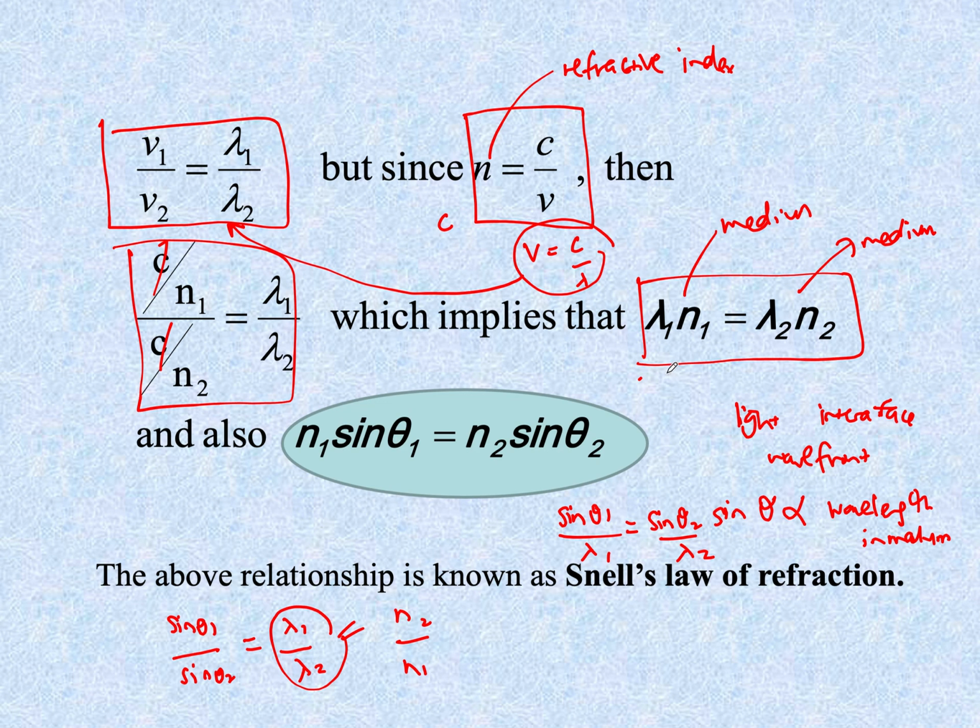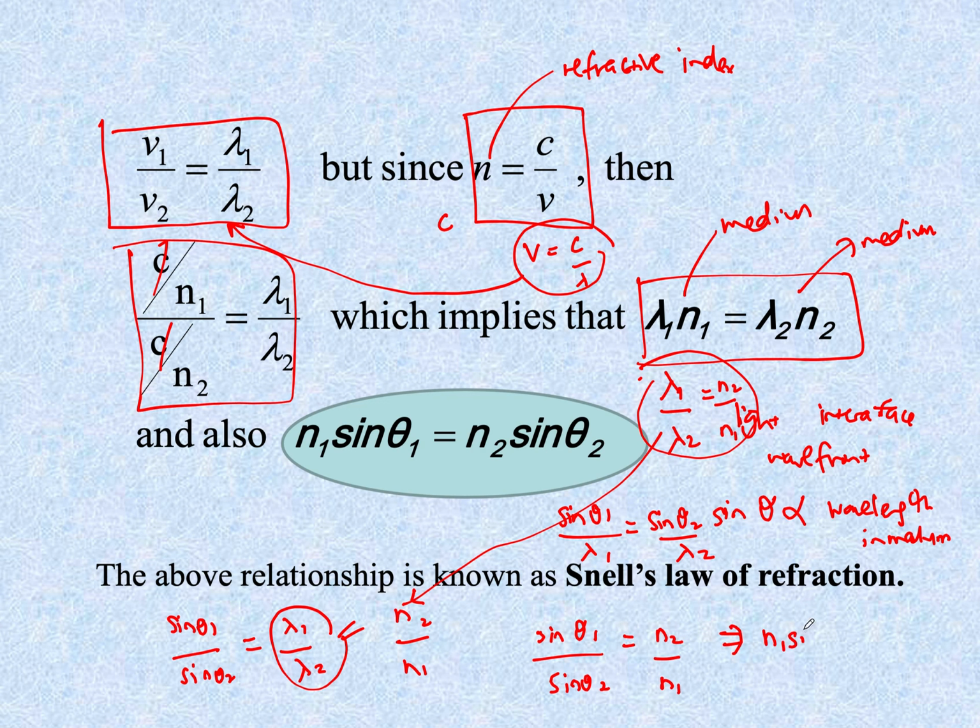Substituting, we get sin theta 1 over sin theta 2 equals n2 over n1, and finally n1 sin theta 1 equals n2 sin theta 2. This final formula we call Snell's law of refraction.